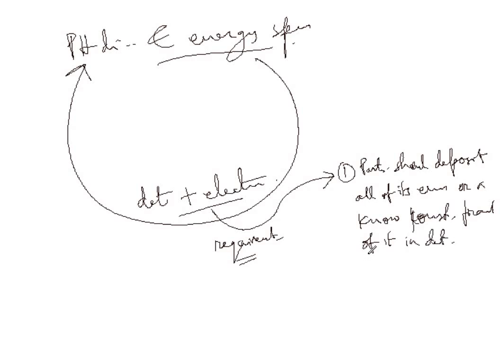This is important. It should not be that it will deposit an unknown amount. So it will be a known constant fraction of it, or best all of it.